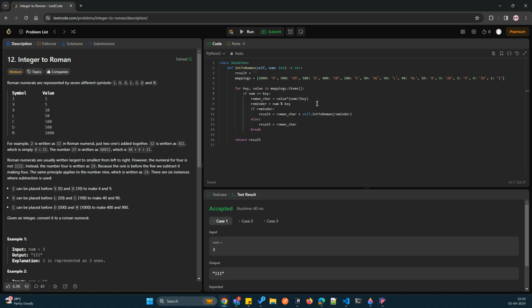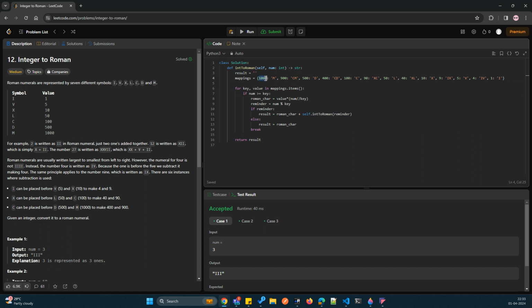Now coming to the logic. I've already arranged the values in sorted order, like 1900, and so on. Now for any number I get, I will check where that number fits among all of these, which should be greater than or equal to the symbol value. Let's say I want to go for 36.